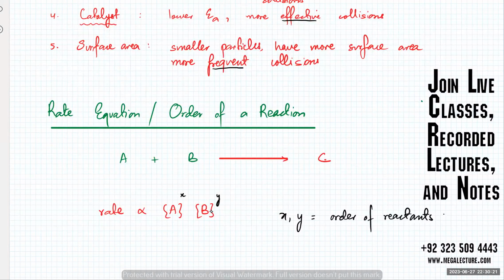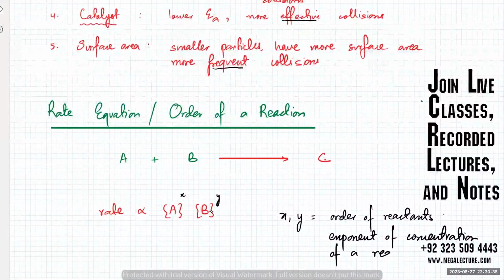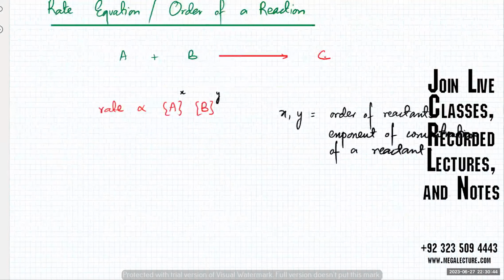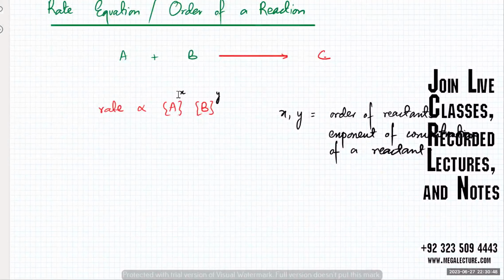It's the order of the reactants, which is the exponent, or the power, of the concentration of the reactant. I'll talk about the value of X later on.